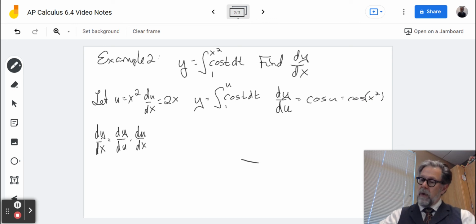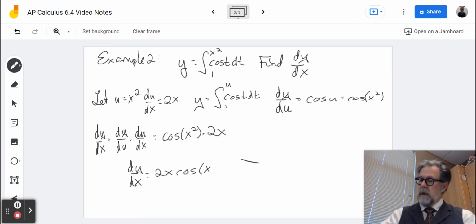So now, coming over to our chain rule, we've got cosine of x squared times 2x. The derivative of y with respect to x is equal to 2x cosine x squared.